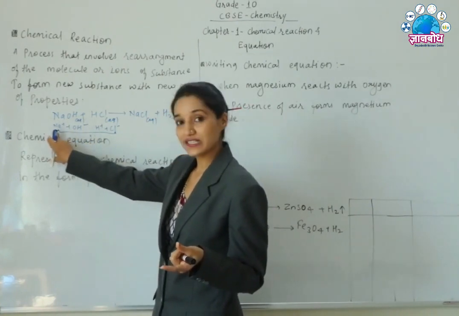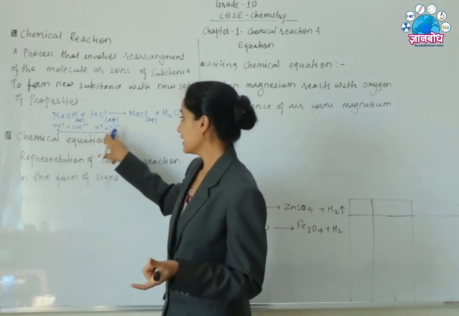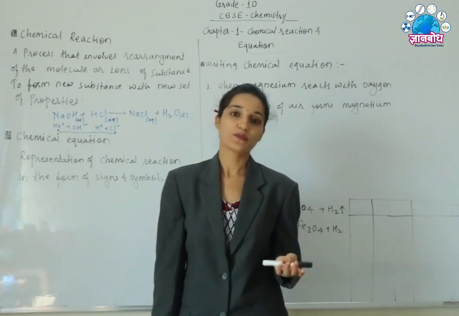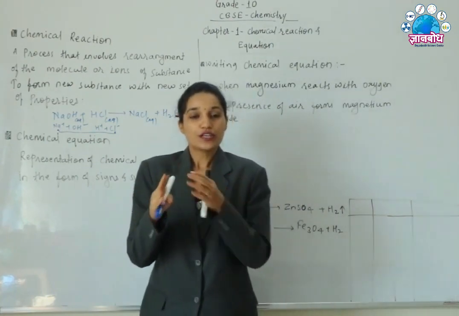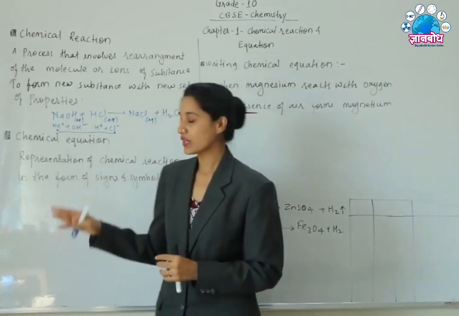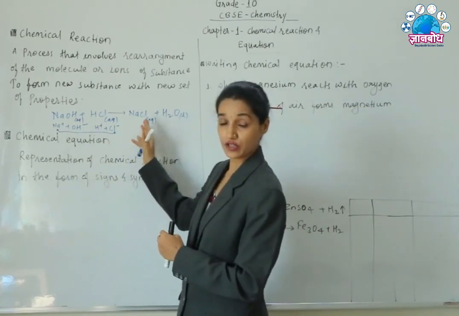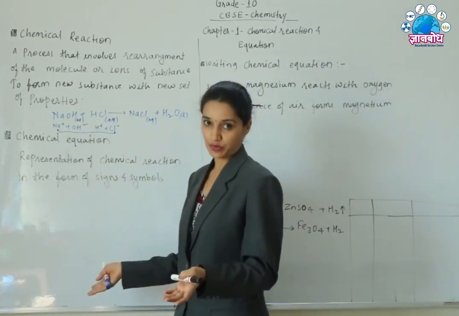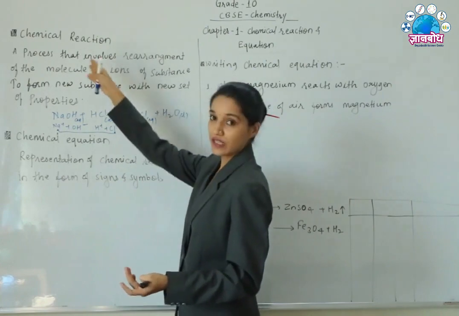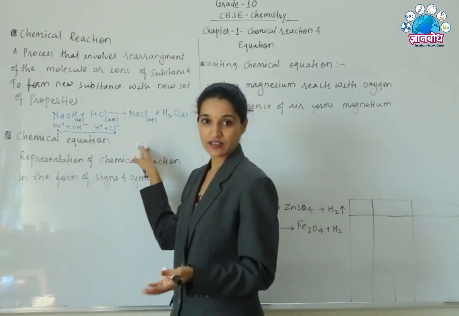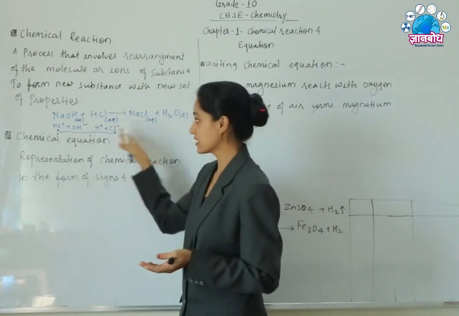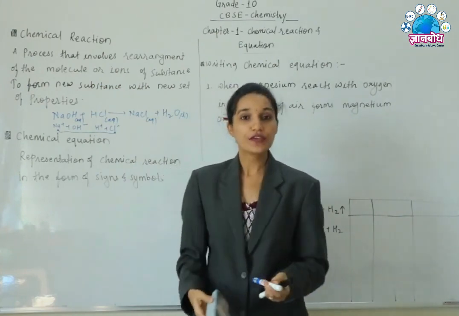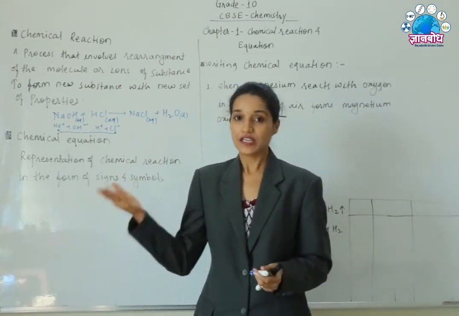Na plus is an ion and Cl minus is also an ion. So here the ions are rearranged and a new substance is formed with totally new properties. Therefore a chemical reaction has occurred, a chemical change has occurred, and this chemical reaction we are going to study in detail.